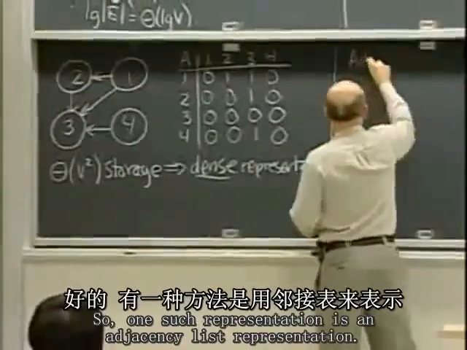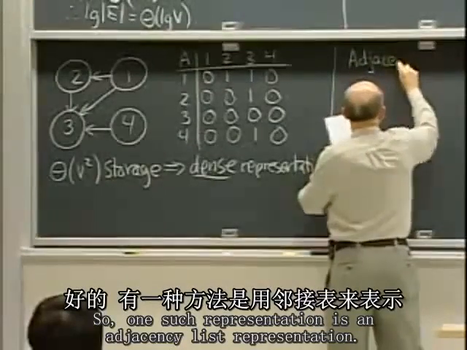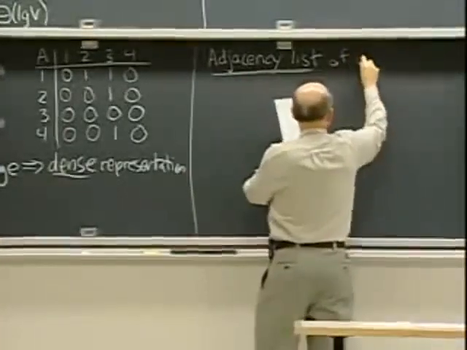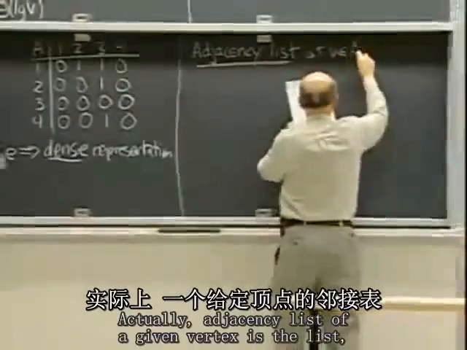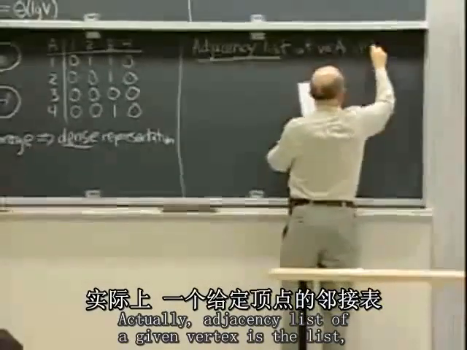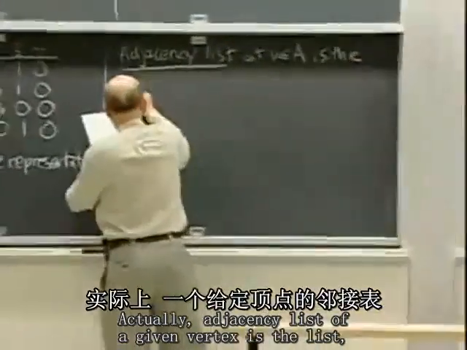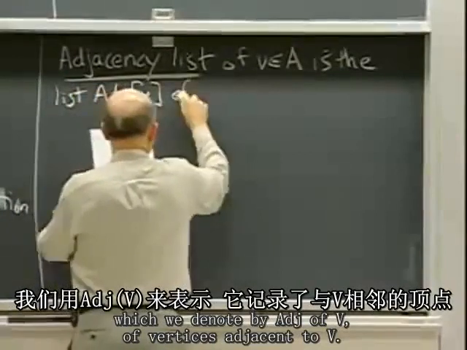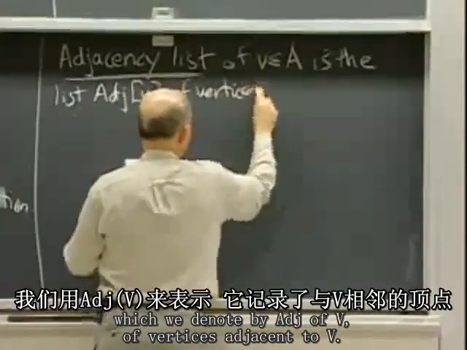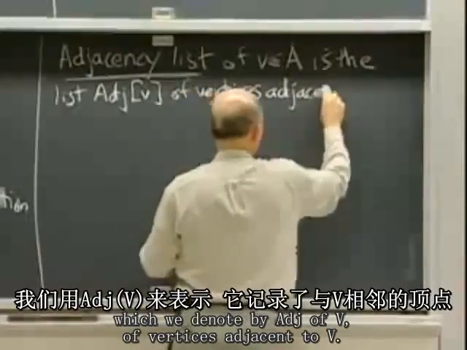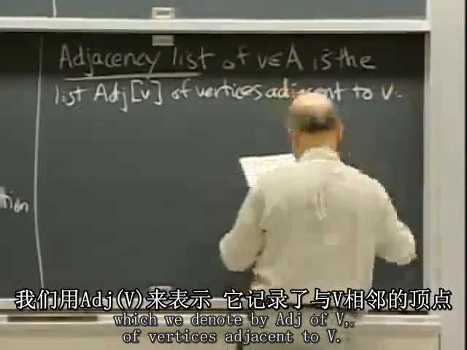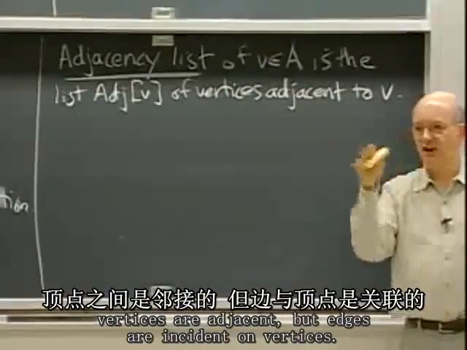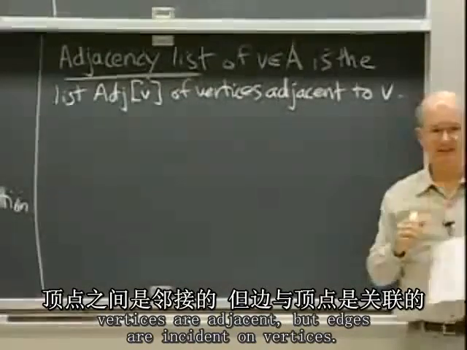So one such representation is an adjacency list representation. The adjacency list of a given vertex is the list, which we denote by Adj[V], of vertices adjacent to V. Just in terms of their terminology, vertices are adjacent, but edges are incident on vertices.